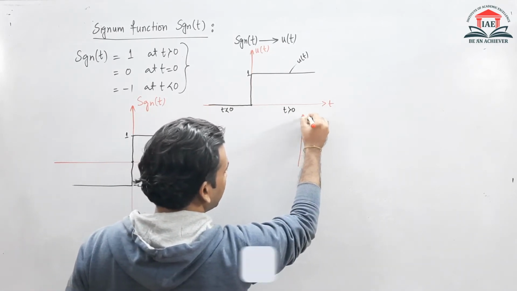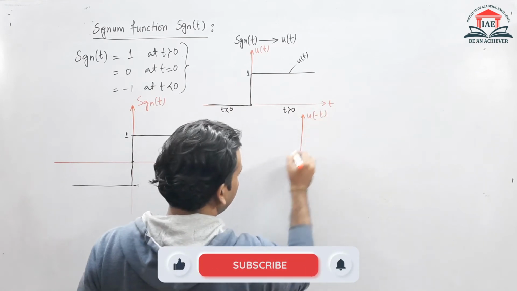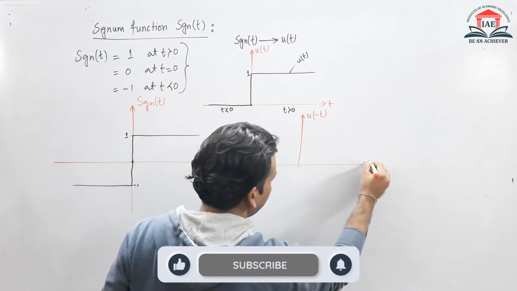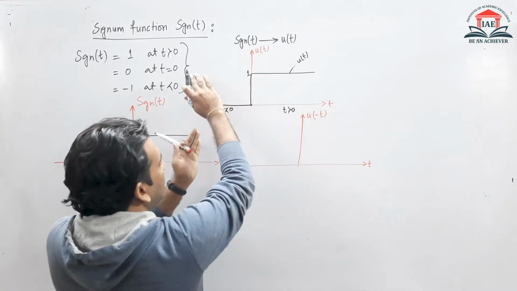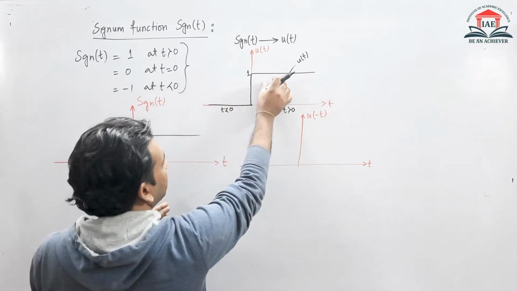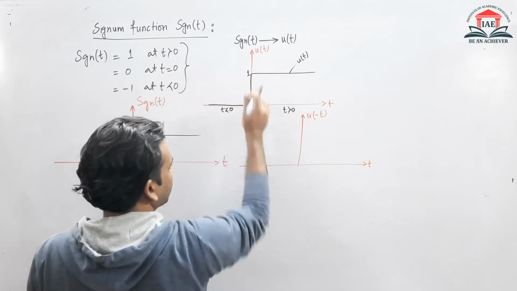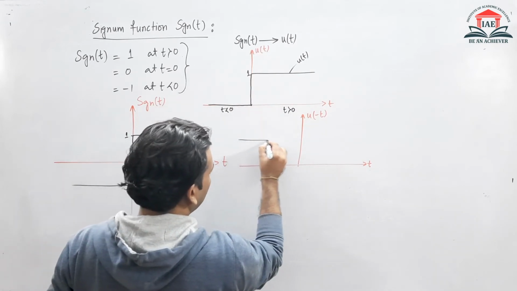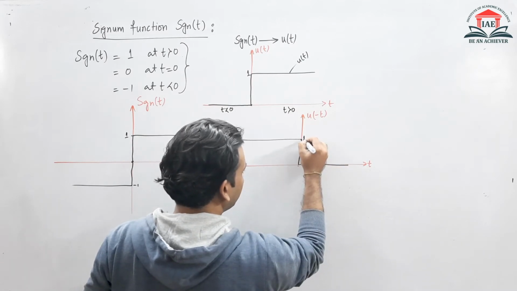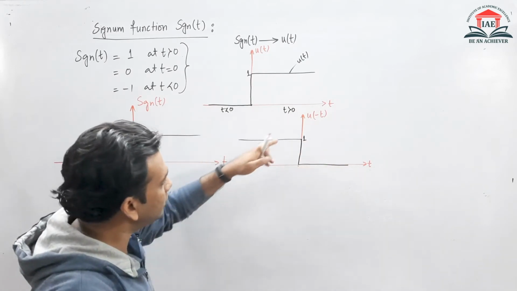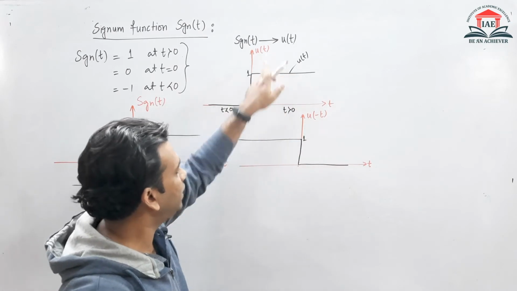It will be the mirror representation of this u of t with respect to the y-axis. So the curve will look like this. This is the one value. You can see this is u of minus t.